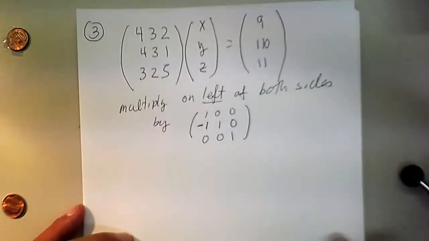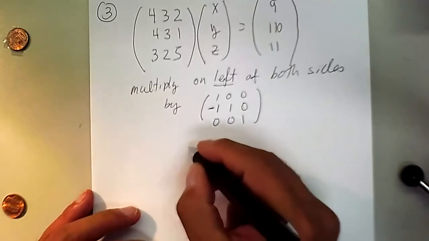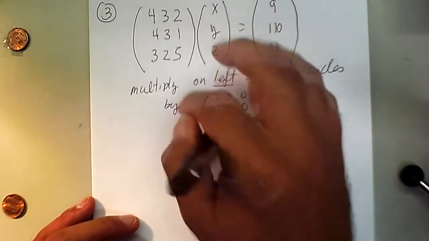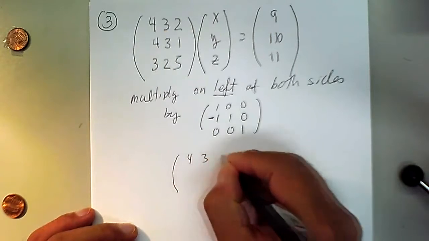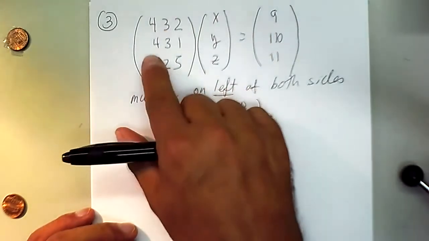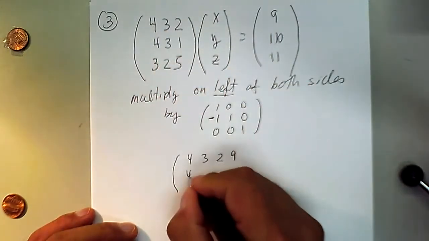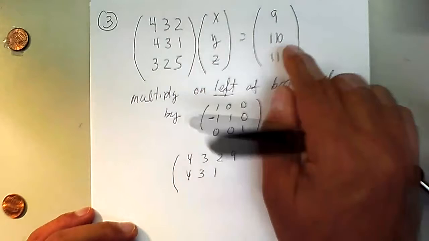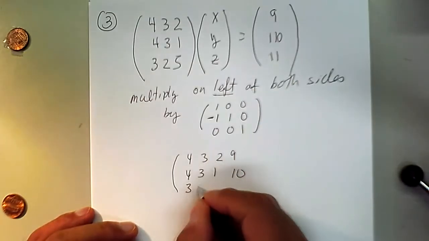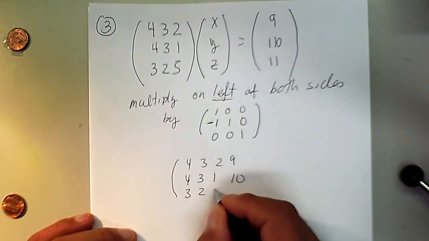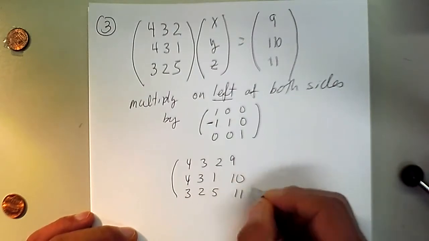So the augmented matrix will be 4, 3, 2, 9; 4, 3, 1, 10; 3, 2, 5, 11.